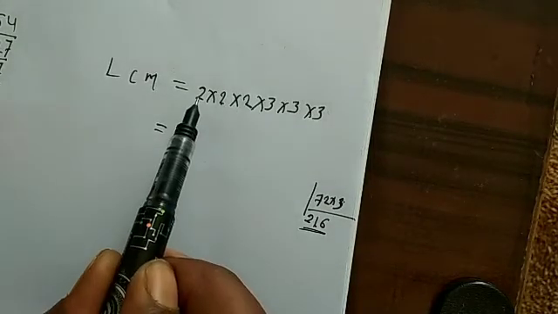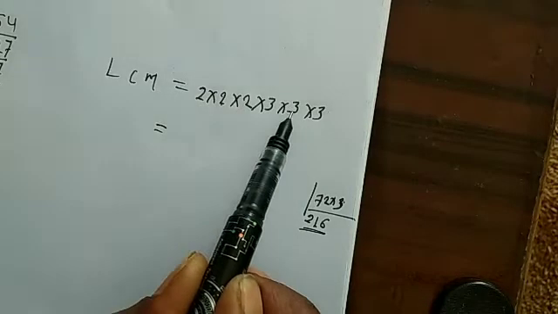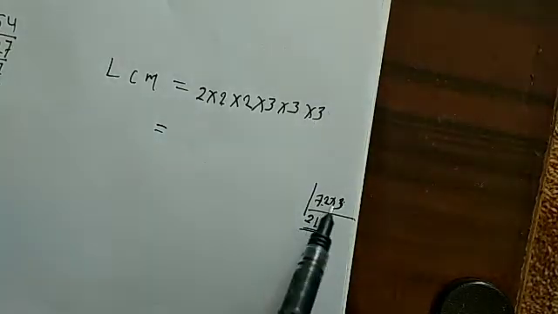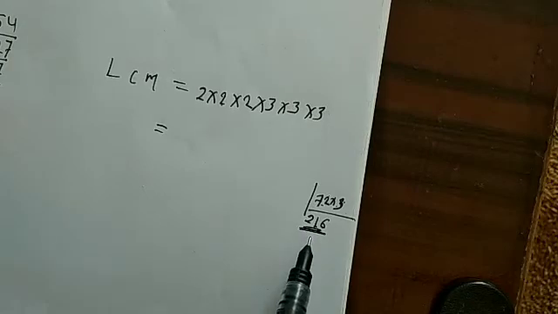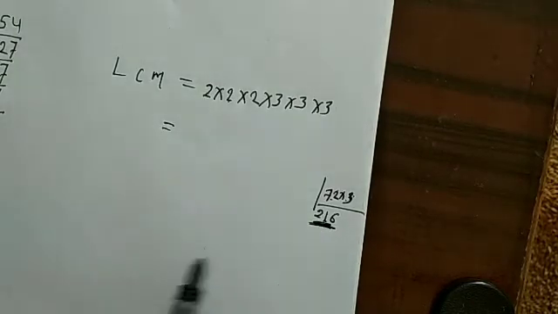Let's check again: 2 2s are 4, 4 2s are 8, 8 3s are 24, 24 3s are 72, 72 3s are 216. So this will be the LCM.